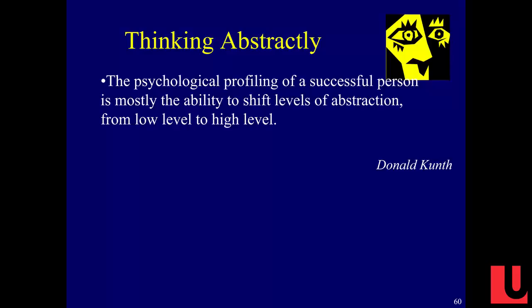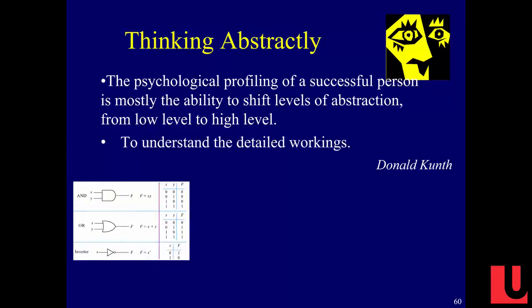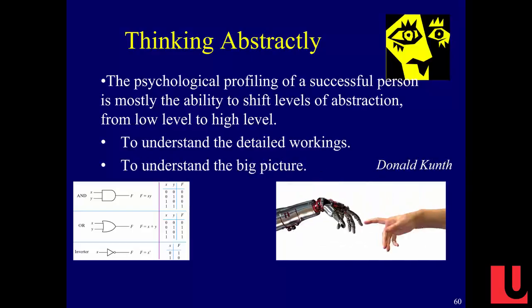I might have changed it to say that, to be a successful person, you need to be able to move freely between thinking about things at different levels of abstraction, right? You need to know that at the bottom, our computer is a bunch of AND gates and OR gates, but at the top, we have machine learning, and there are many layers of abstraction in between, right?